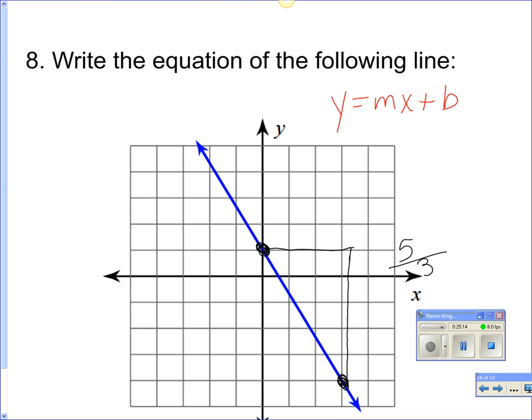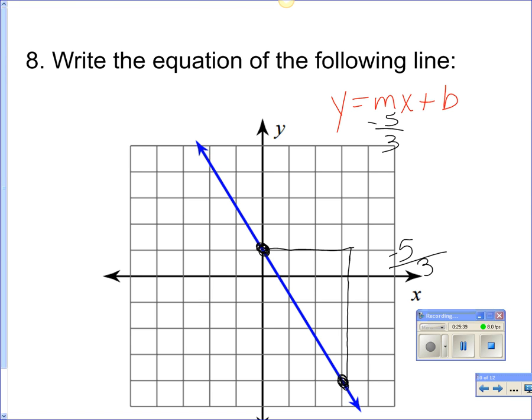Allison, is that my final slope? 5 over 3. Look, what's it doing? It's negative. It's going down. It's negative 5 over 3. Don't let that get you. If it's negative, if it's going down, it's going to be negative. So negative 5 over 3.